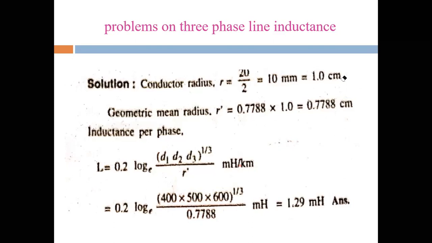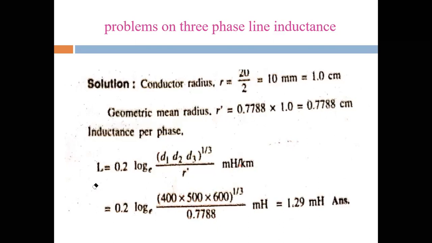Next the geometrical mean radius R dash is equal to 0.7788 into 1.0, where 1.0 is the R, that is equal to 0.7788 centimeters. That is the inductance per phase.